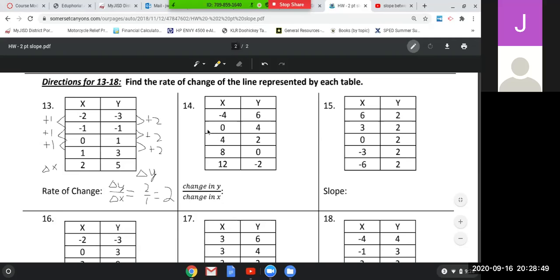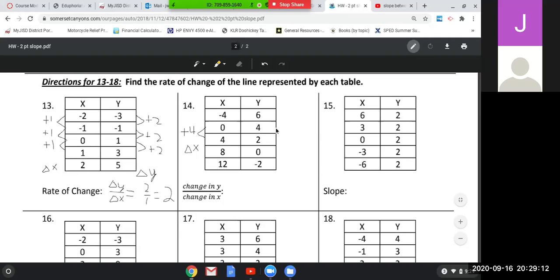And I'm just going to pick between these 2 points right here. To go from 0 to 4, I had to add 4. Okay, this is my delta x. Now, I have to use the same corresponding y points over here.